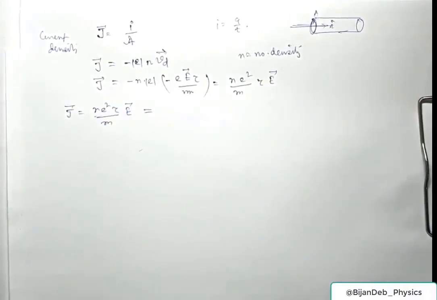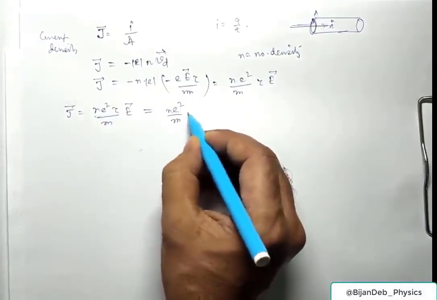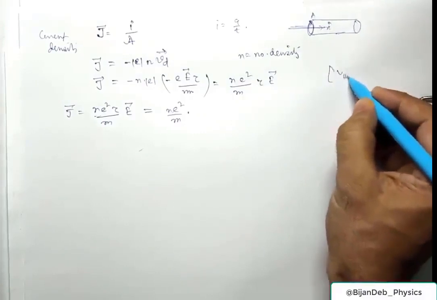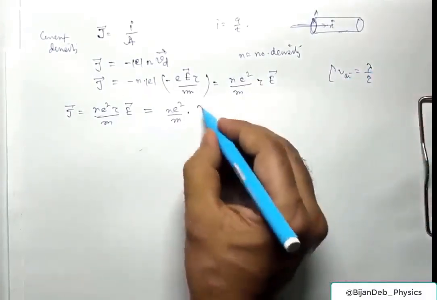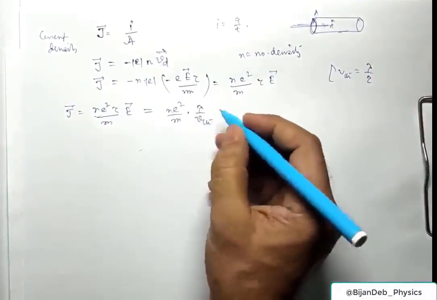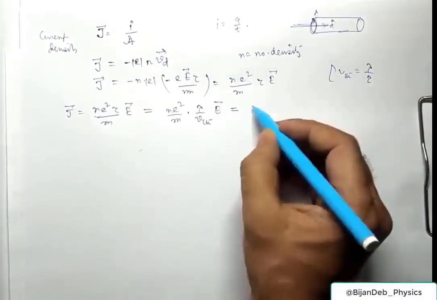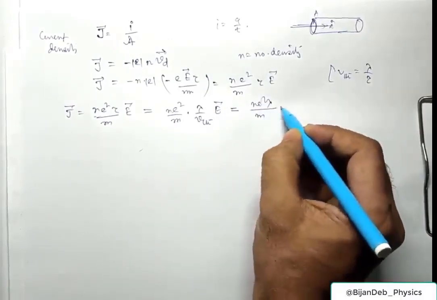Now we already know what tau is. If we replace the tau using the earlier equation number 2, the drift velocity relation, Vth is lambda by tau. So tau will be lambda by thermal velocity, into electric field. This again we can modify: n e square lambda by m Vth. What is Vth?